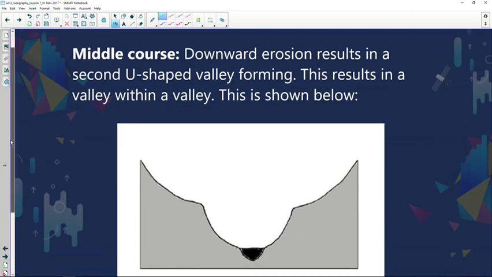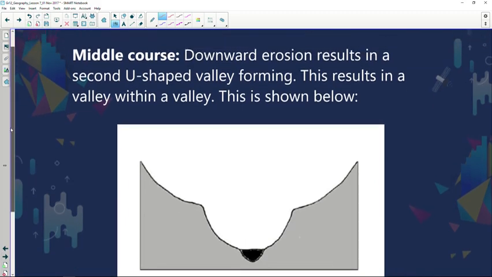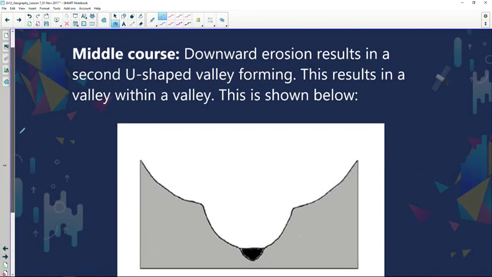Now, as you can see, what happens in the middle course? As far as we know, what happens in the middle course with a longitudinal profile? We have lateral erosion. Why? Because other tributaries start joining this river, the volume increases, and there's more erosion. And it's not as steep.